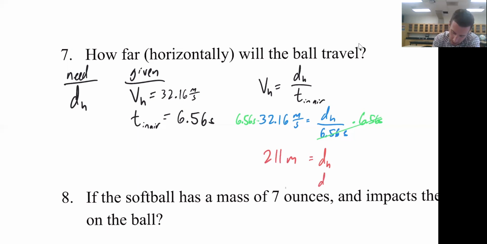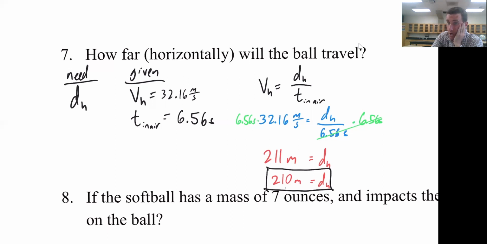So that would be distance horizontal equals 210 meters. That third digit should disappear because of significant figures. Okay, so 210 meters. Multiply that by 3.28 feet in a meter. That puts me around 700 feet.